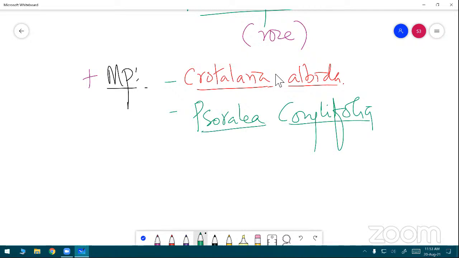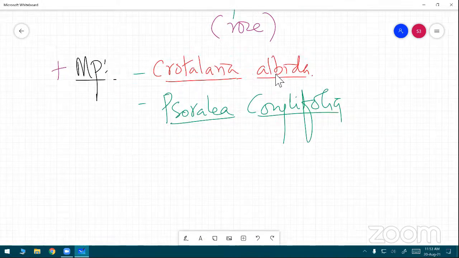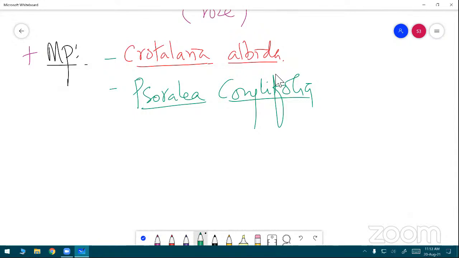It is used in the treatment of leprosy in human beings. So leprosy is one of the diseases, right? Leukoderma and leprosy. So the leprosy disease can be treated by Psoralea corylifolia.